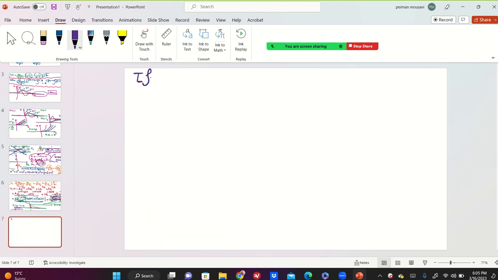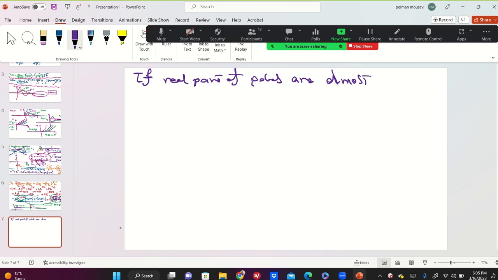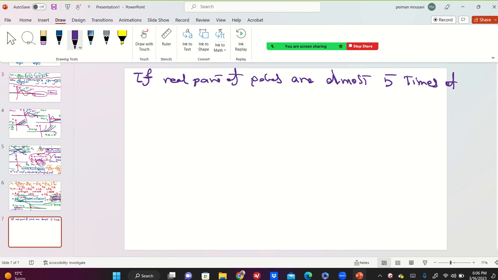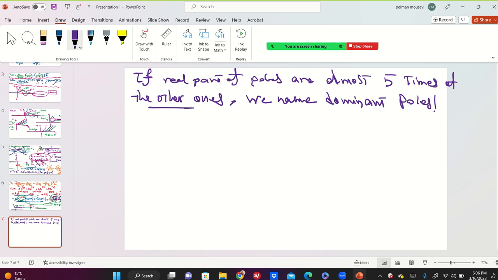If the real part of poles are almost 5 times the other ones, we name the other ones the dominant poles, because they vanish very fast compared to the other ones.